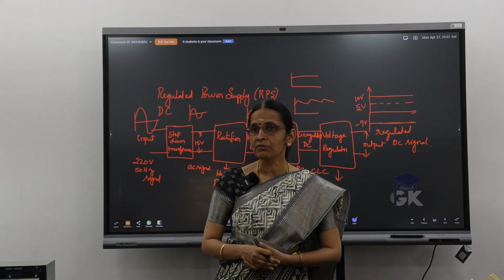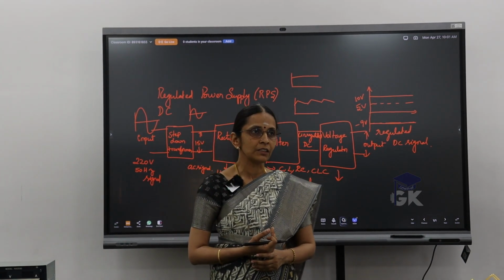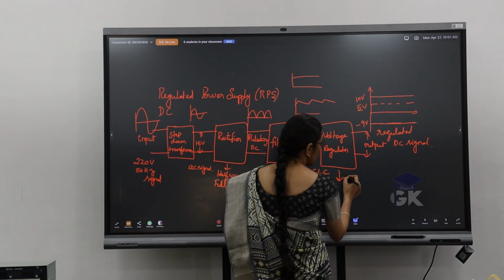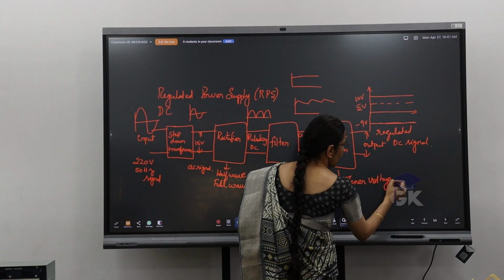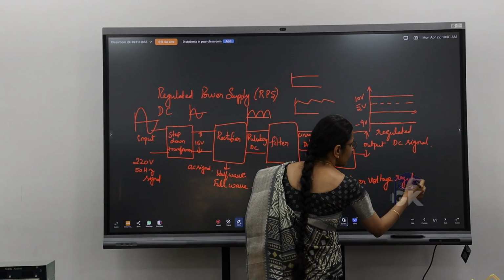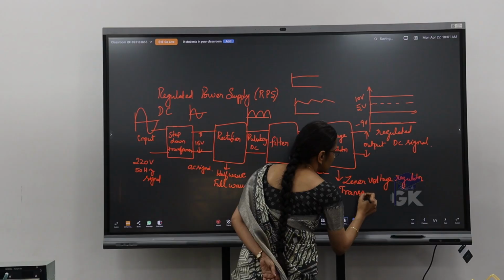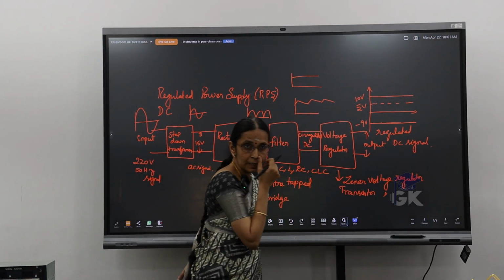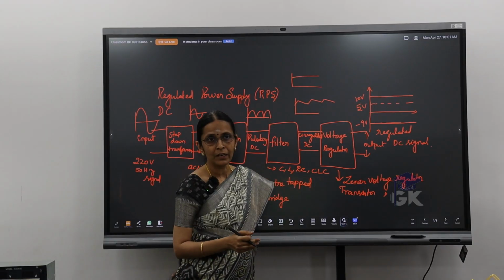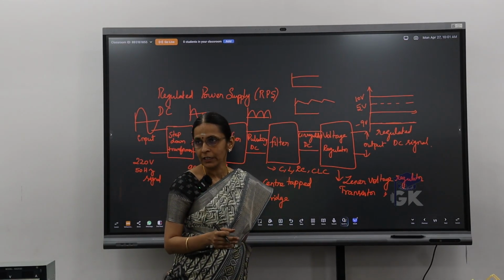The main application of a Zener itself is that it's useful for voltage regulation. So I can have a Zener voltage regulator or a transistor based regulator. Then also I can have, as he told, 78 series or 79 series, which we call basically fixed voltage regulators.